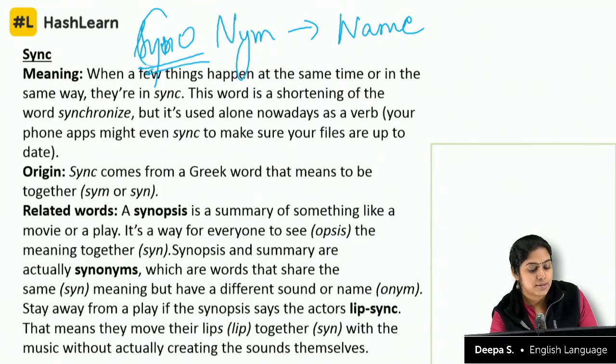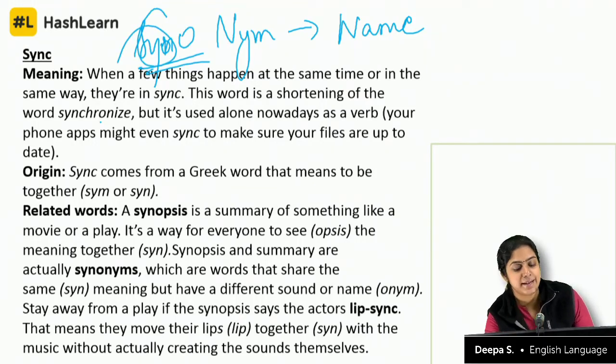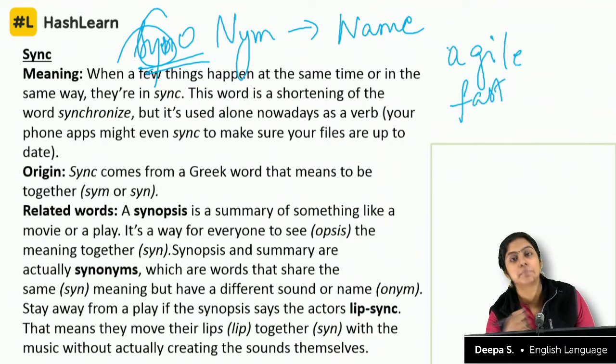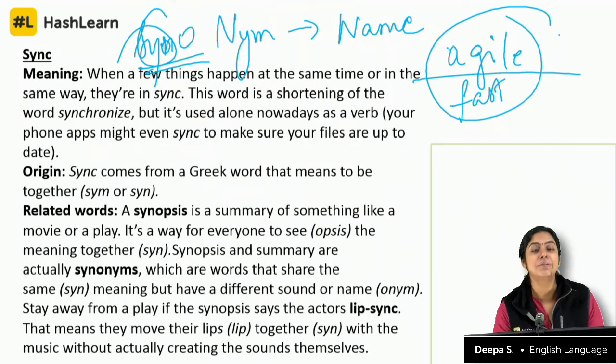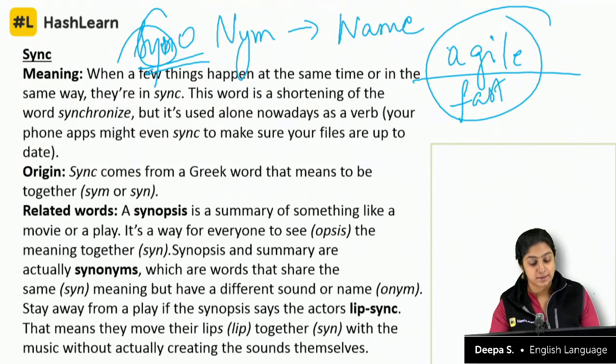Synonym is same name, meaning, okay, for example, any synonyms? Agile and fast. Okay, so almost synonyms, they aren't exactly the same, but okay, for this particular example, these are synonyms, they mean the same.